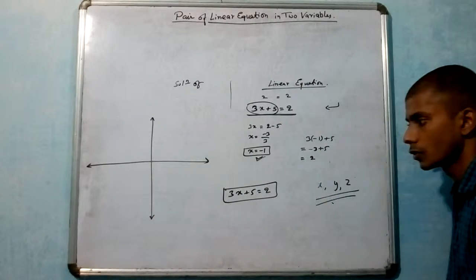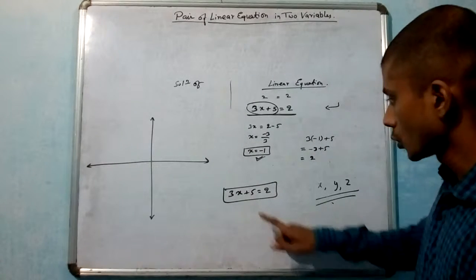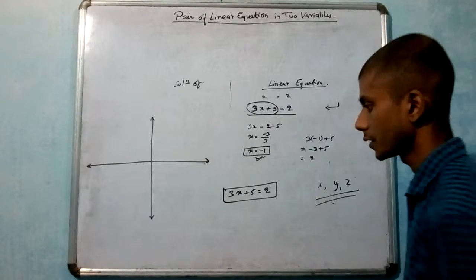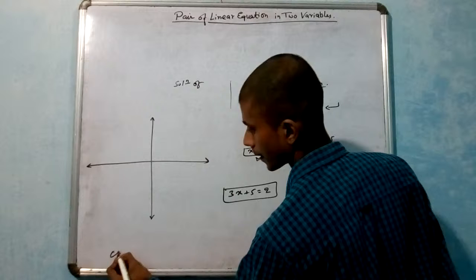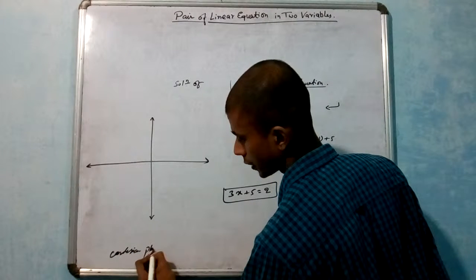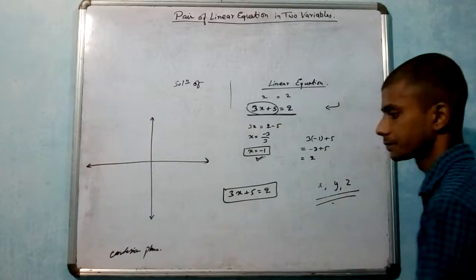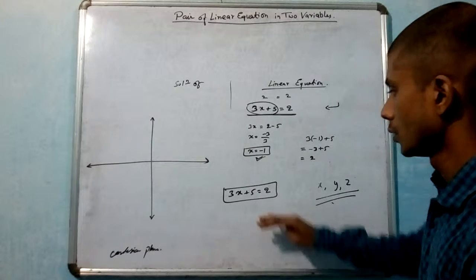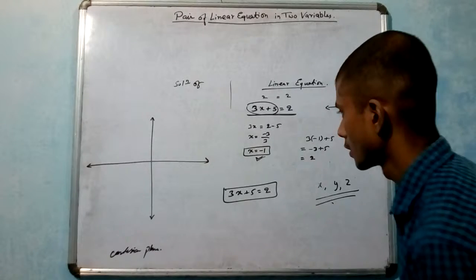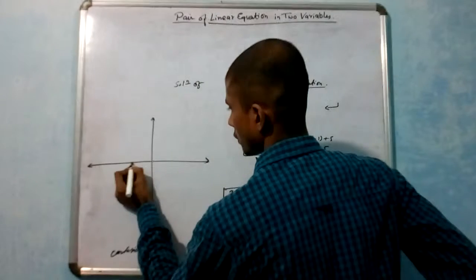So what will this equation represent in the Cartesian plane? It will represent a straight line.